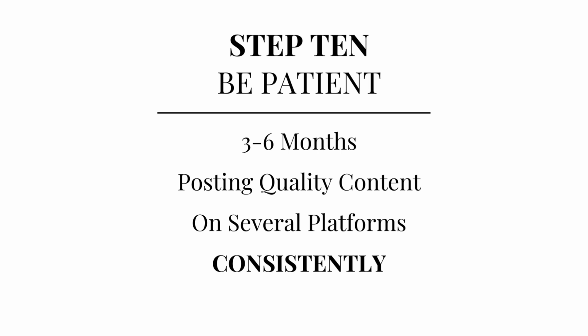Like it really truly is about consistency. And I know I mentioned 3 times a week, but my goodness, if you only have enough content or you are only able to post once a week, then just stick to that. I mean, again, shoot for 3 times a week, but consistency is for sure the most important thing when it comes to social media.